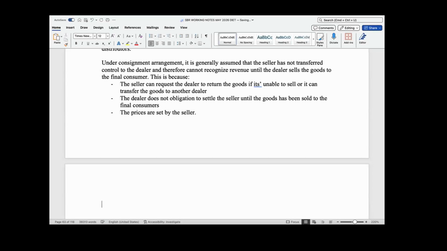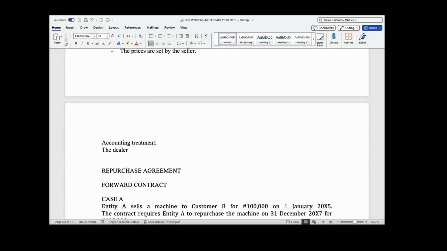So the accounting treatment is such that the dealer will not recognize inventory in its books because it is not its inventory.